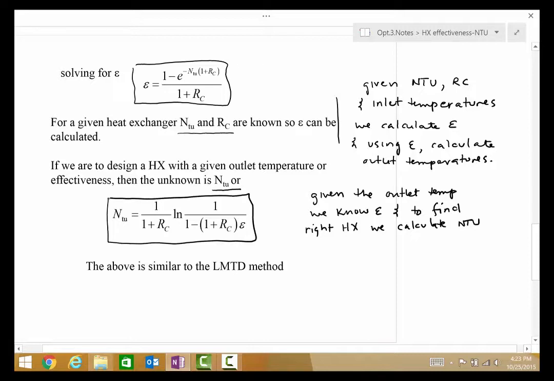And generally, this is a similar result as what you would get from the LMTD method.